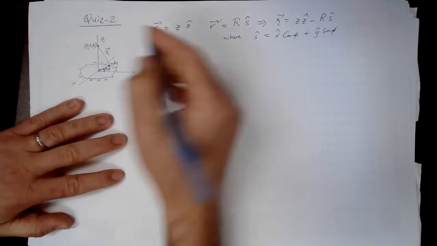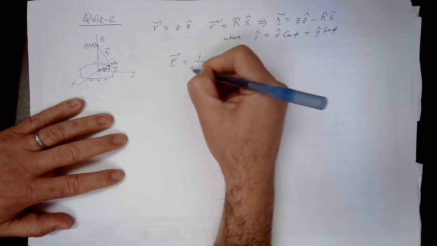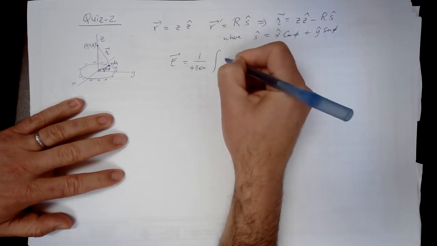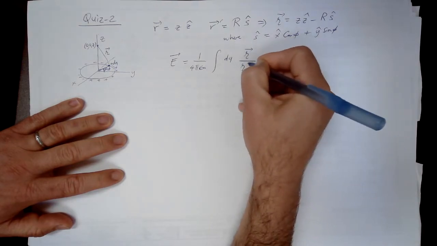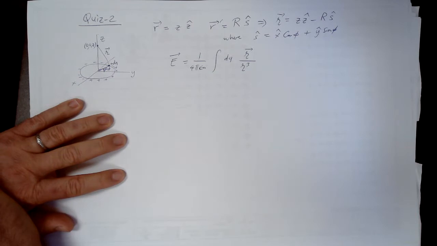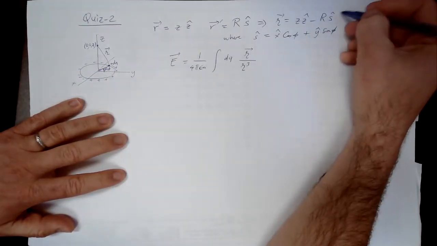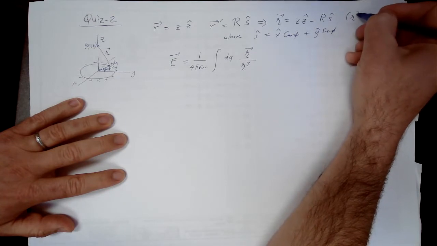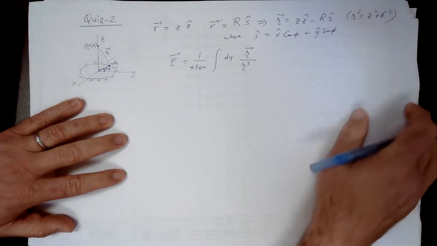So now I can write the integral as dq script r divided by script r magnitude cubed. If I replace this here, script r magnitude is obviously pretty easy. R squared is z squared plus capital R squared.